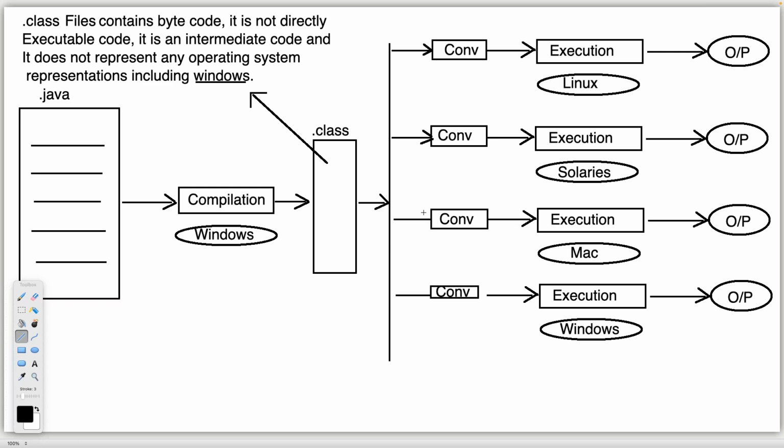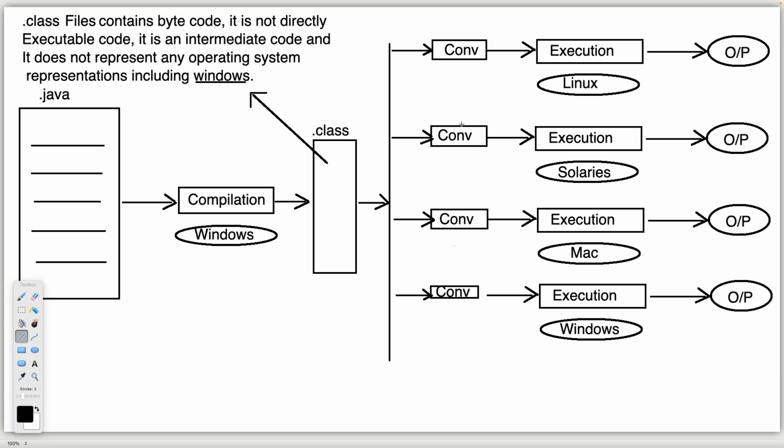Now, what is the job of this particular converter? This converter will take neutral bytecode as an input and translate it to Mac operating system representations, and execution is going to happen on Mac. Then we are able to get output. Now this last converter is able to convert that neutral bytecode into Windows, and execution is going to be executed on the Windows operating system, and finally we are able to get the required outputs.